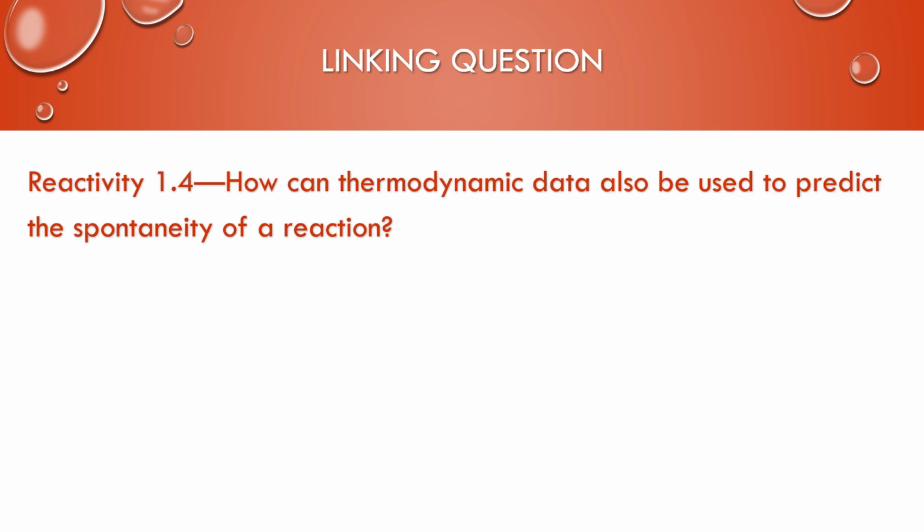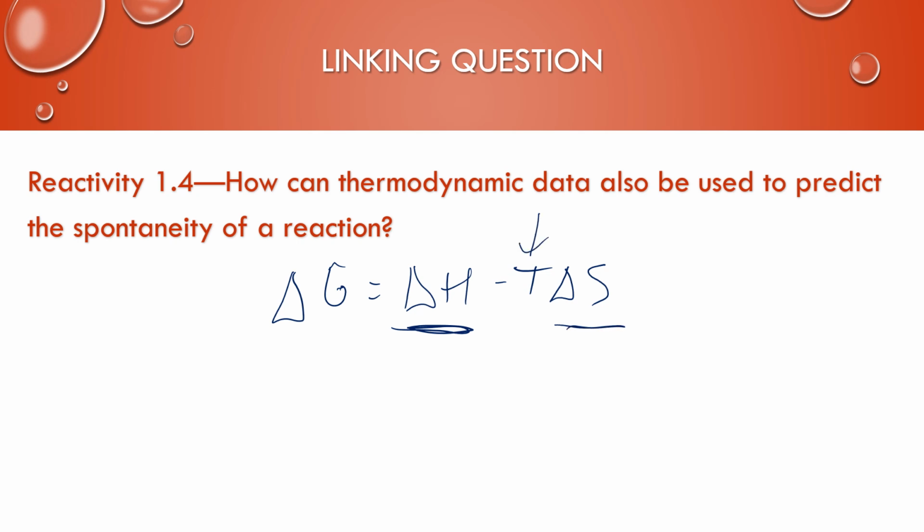So Gibbs free energy is originally covered in reactivity 1.4 with thermodynamic data, and the main equation that you're going to see for that is delta G equals delta H minus T delta S. So you can use delta H, which is your enthalpy, and delta S, which is your change in entropy, and your temperature in Kelvin, to determine delta G. And if delta G is negative, that is spontaneous or thermodynamically favorable.